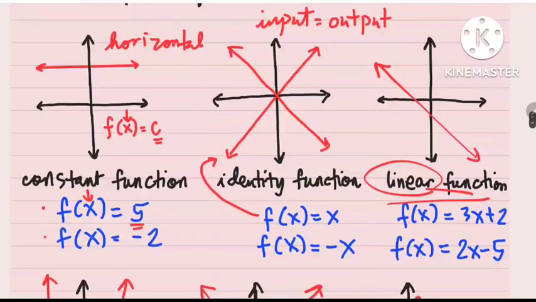It was introduced to you when you were in grade 8. So we have examples of linear function: 3x plus 2, 2x minus 5. So we have the slope-intercept form of linear functions: y is equal to mx plus b. I hope this rings bells.